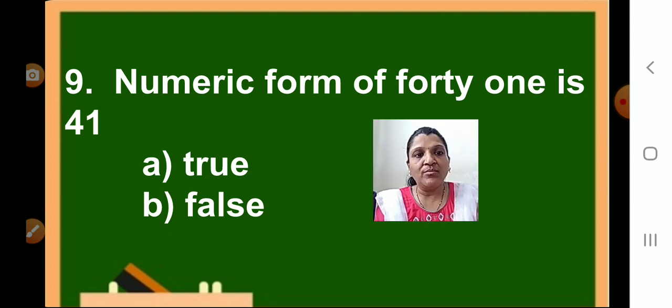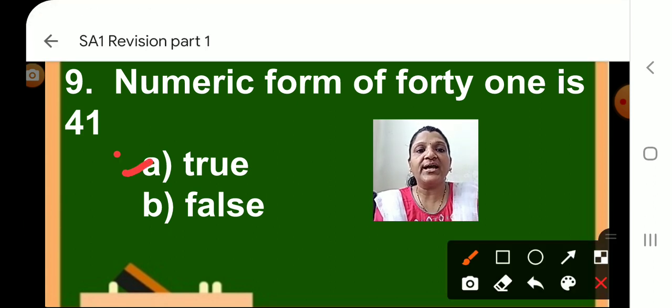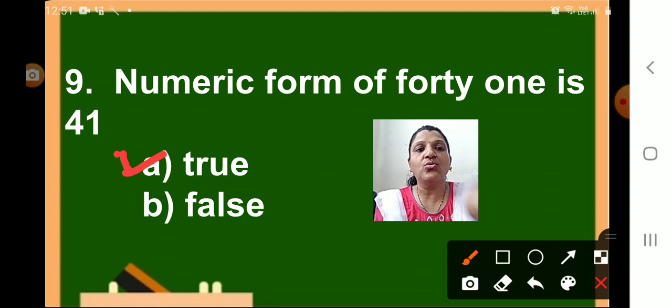Yes. Numeric form of forty-one is 41. So this is a correct statement. So we will select option A, true. Correct, children? Yes.